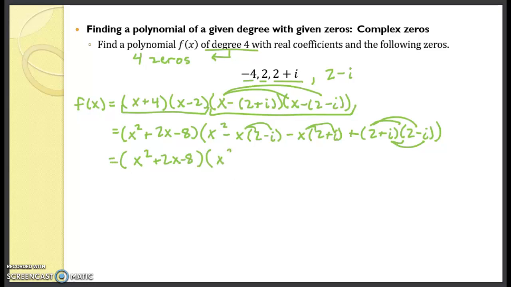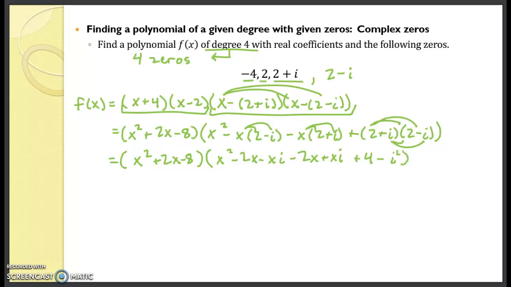So we're going to get x squared minus 2x minus xi minus 2x plus xi plus 4 minus i squared.